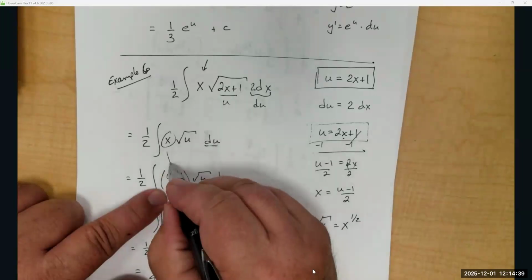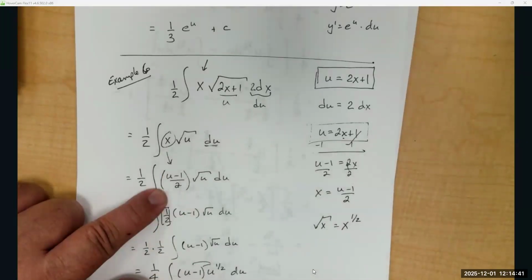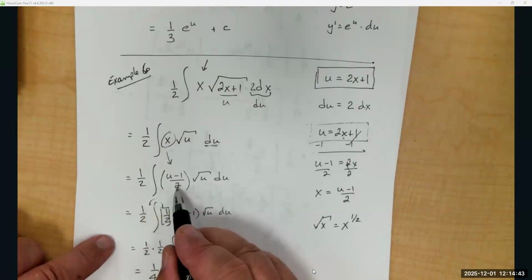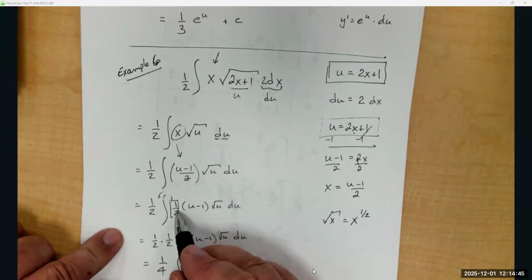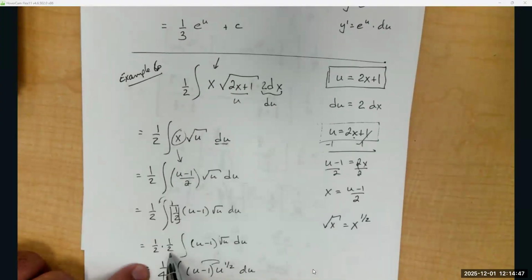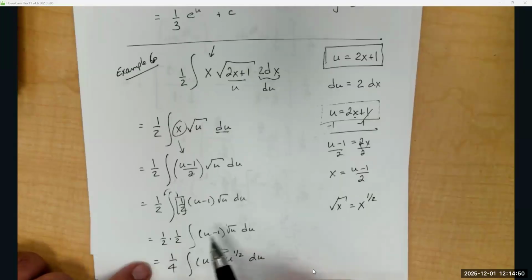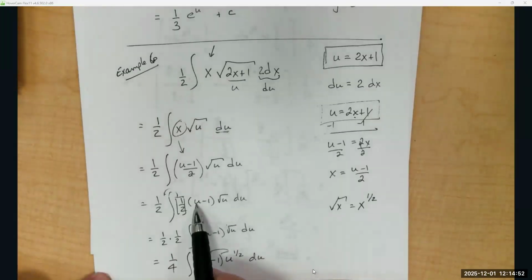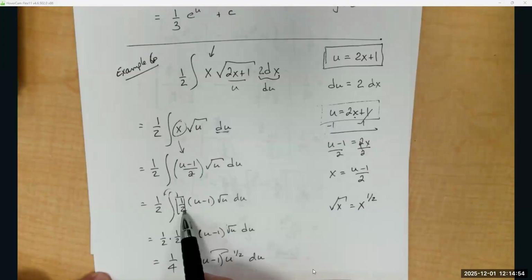So x is u minus 1/2. Since it's a constant multiple, I took it out in front, so it's 1/2 times 1/2 is 1/4.